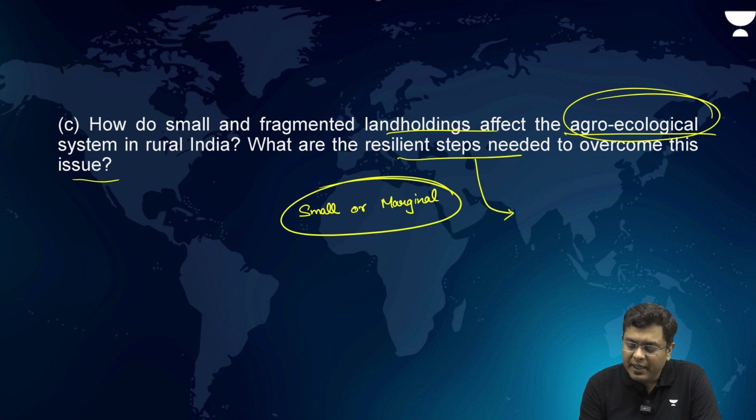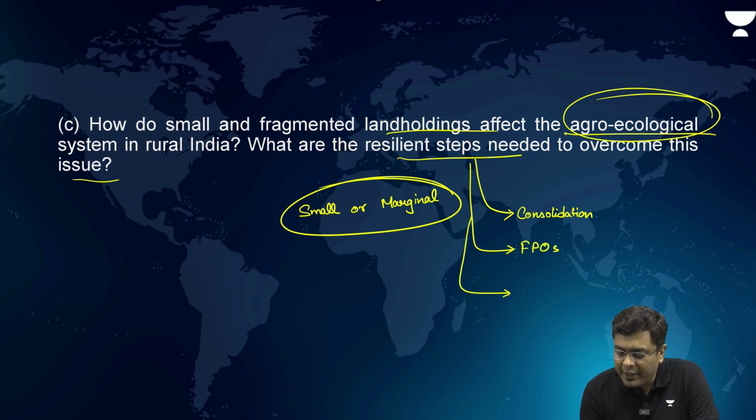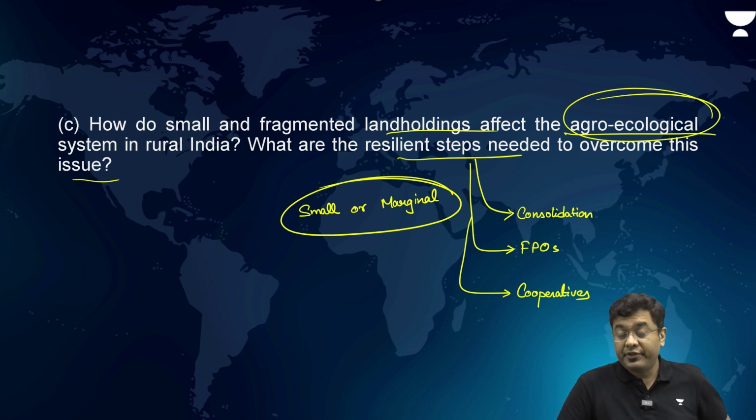Resilient steps: land consolidation, consolidation of land. Then after that, farm produce organizations, FPOs, development of cooperatives, market reforms, right? And also one innovative measure that you could talk about is development of alternate avenues like mixed farming.